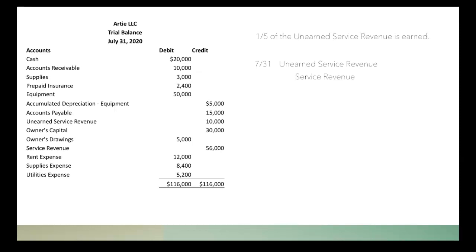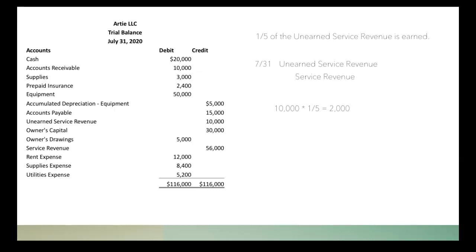Now, how to figure out the number in this case? Well, we're told that 1/5 of our unearned service revenue is earned, and our unearned service revenue had a balance of $10,000. So we take that $10,000, you can multiply it by 1/5, or you can just divide it by 5.